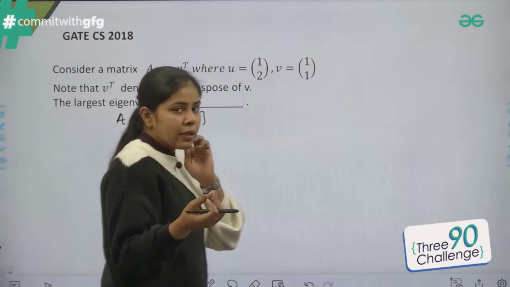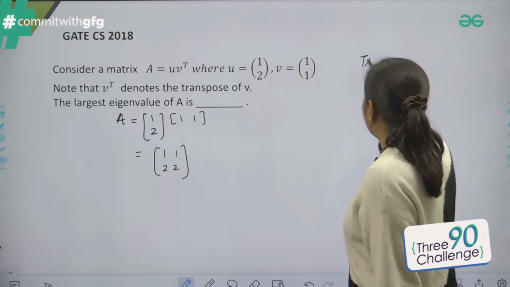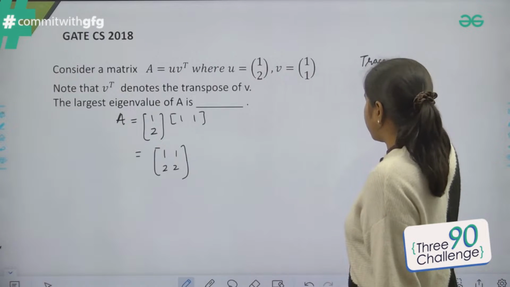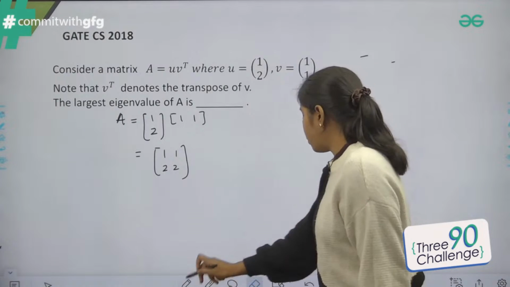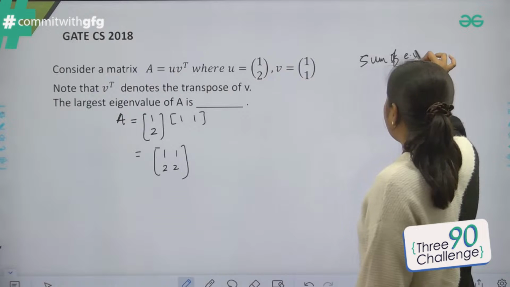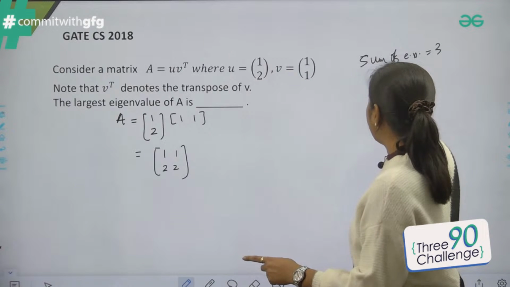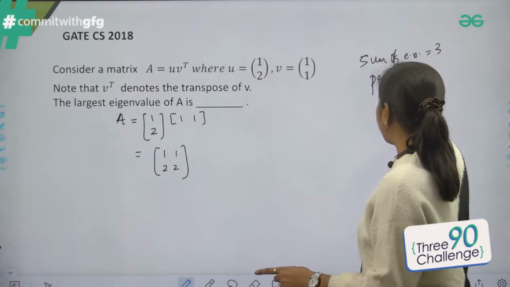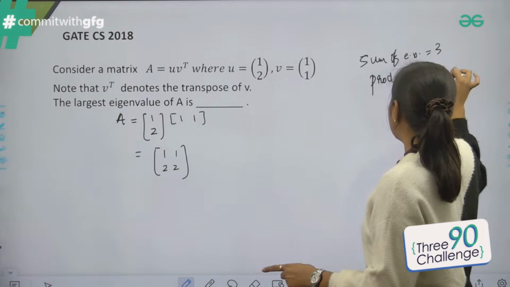Let me tell you. All of you know that trace is equal to the sum of eigenvalues. The sum of eigenvalues here is 2 plus 1, 3, right? And the determinant here is 0, so the product of eigenvalues is 0.